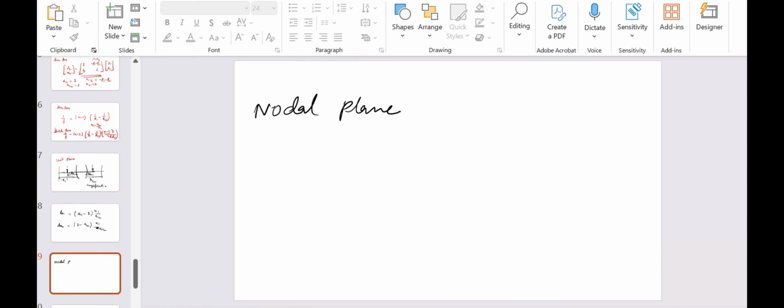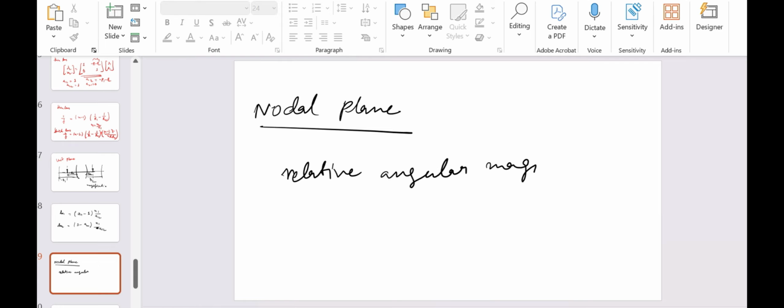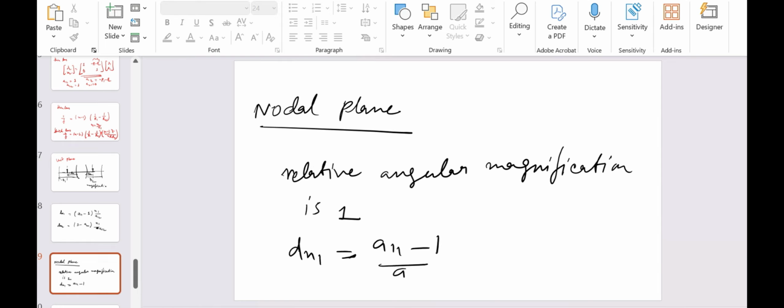Between the nodal planes, the relative angular magnification is 1 basically. So with all the calculation, it became that dn1 is a11 minus 1 by a12, and dn2 is basically, so what is dn1 again?